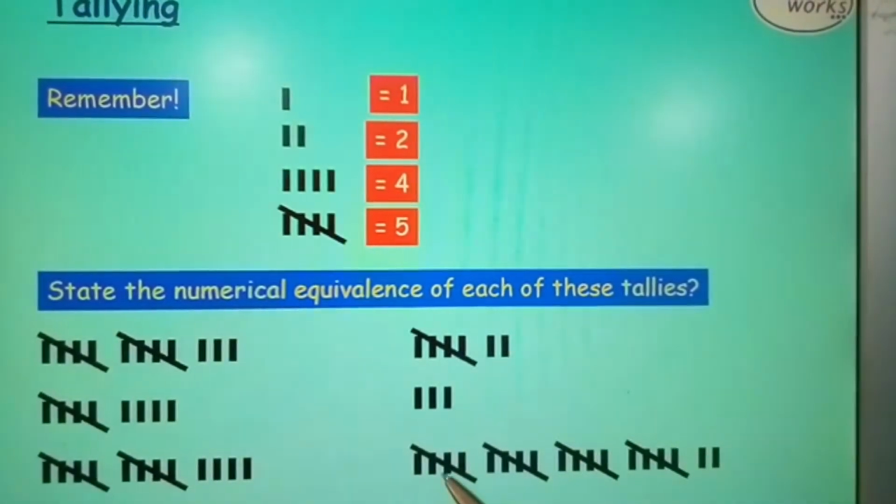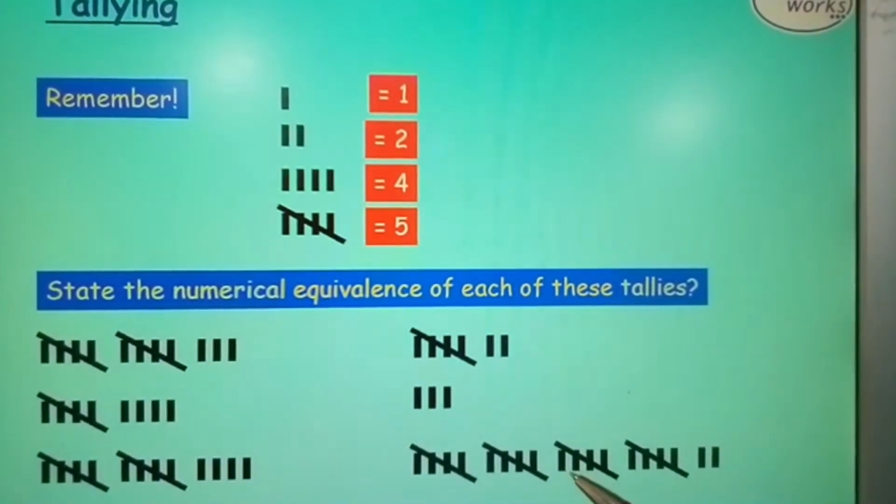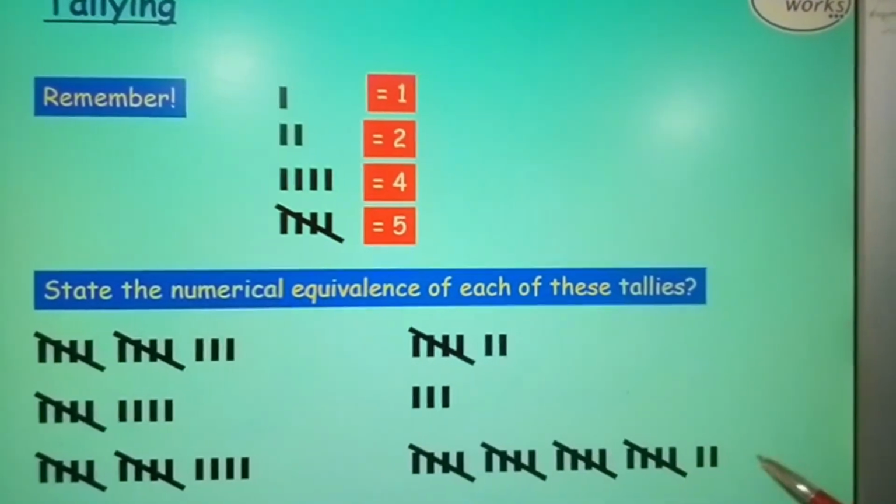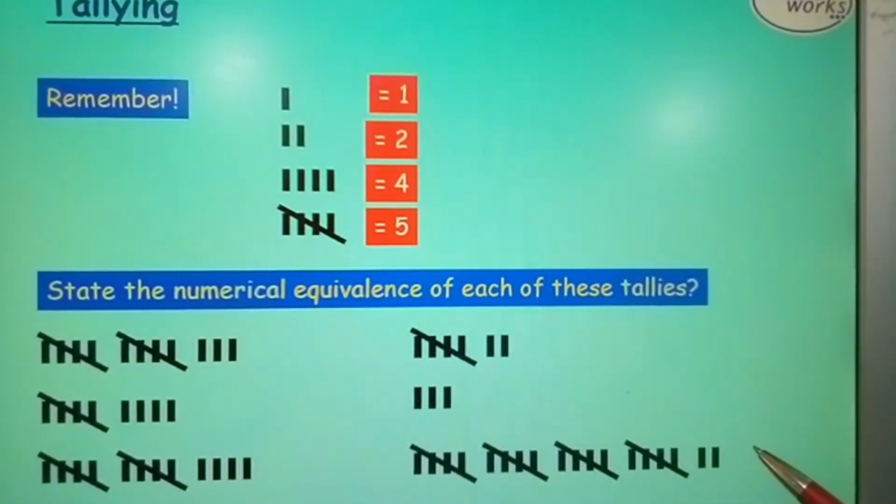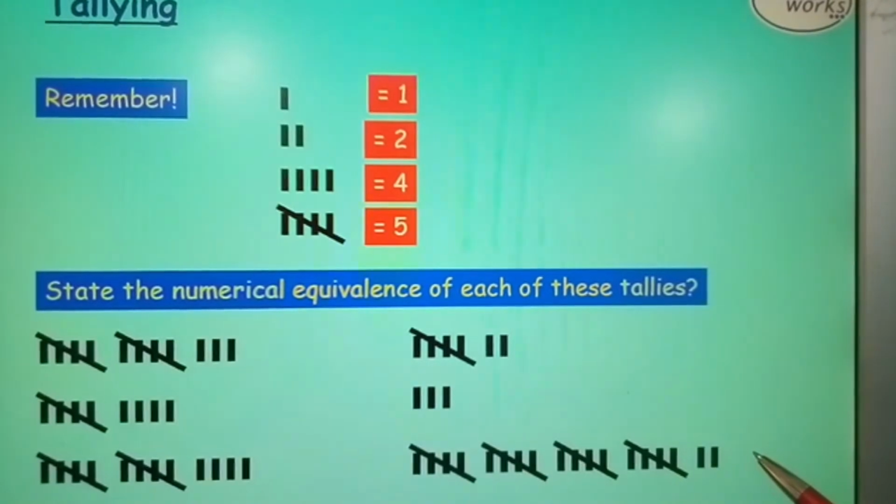And here we have 5, 10, 15, 20, and you're going to tell me the answer here is 22.